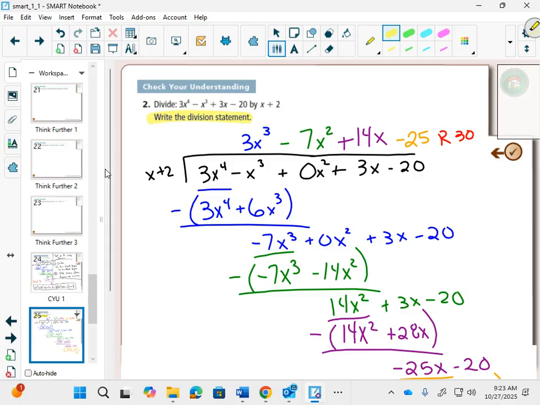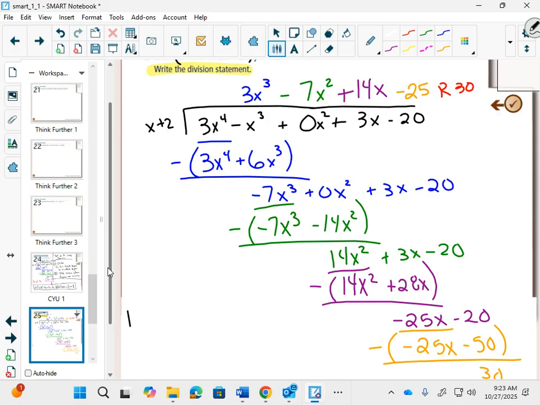The shortcut is that if in the question you put brackets around the original thing and above it say let p of x equal this, then when you write your division statement, you don't have to write that whole thing out again. You can just write p of x equals our divisor, because remember, this is your division statement, Dairy Queen, plus remainder.